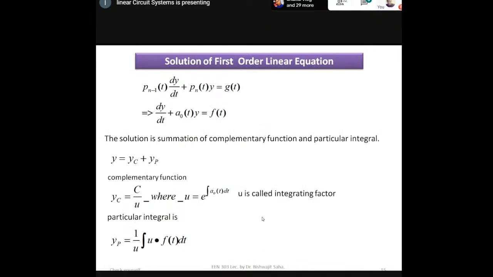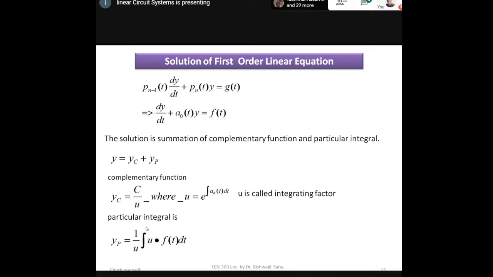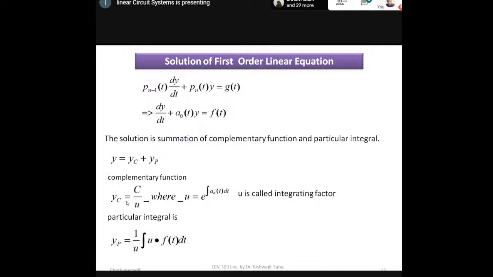I'm giving a comparison here to make you understand better. Here the A0 term was there, and in the second order equation, we have A. So for YC, what can we write? YC equals C e to the power minus the integration of A0 dt.